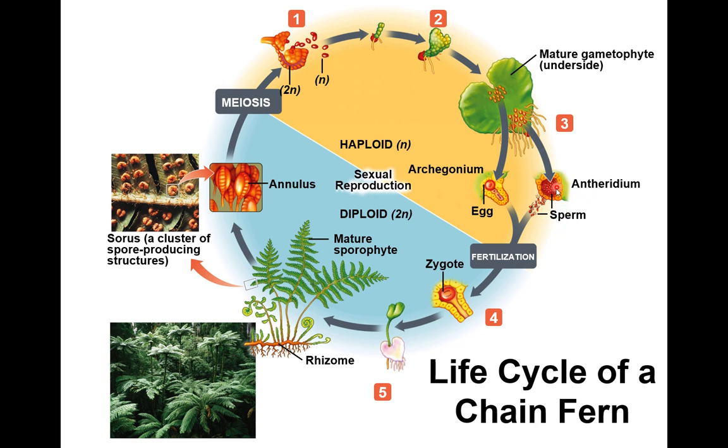Like in mosses, the sperm is still encapsulated within the antheridium, still has a flagellum, and still relies on water to move. So when water comes in the form of moisture, rain, then the sperm can burst out of the protective cell layer here and fertilize the egg within the archegonium.